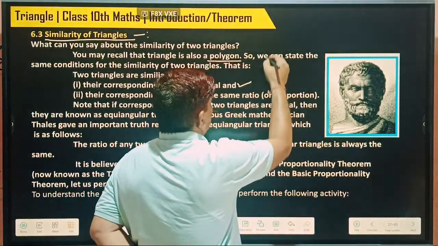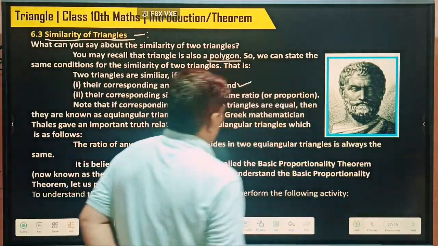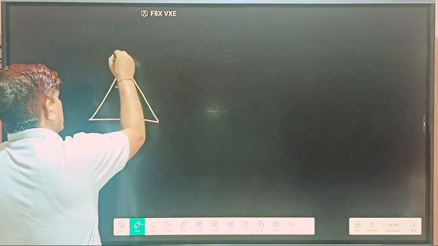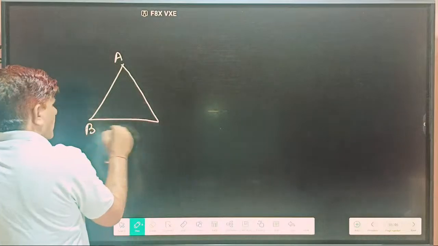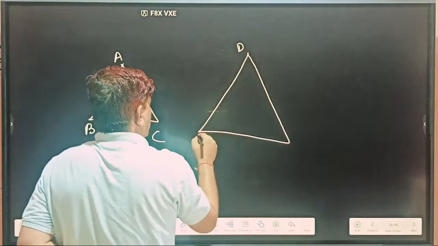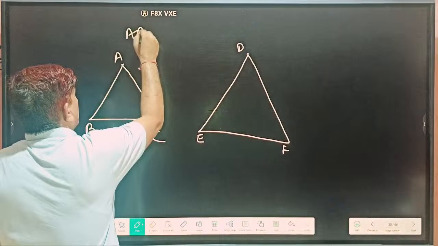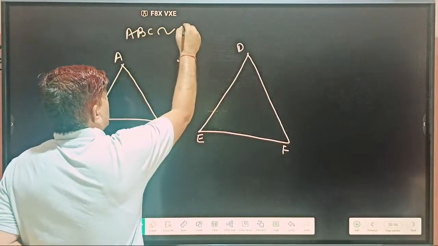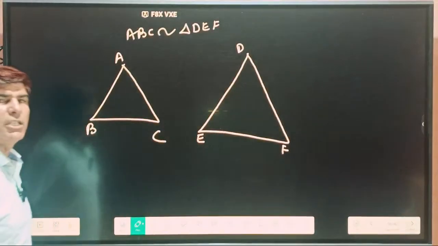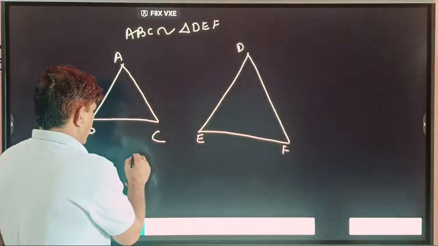Once again I can repeat. We have two triangles. One triangle is this, ABC. Another triangle is DEF. Given triangle ABC is similar to triangle DEF, what is the correspondence?